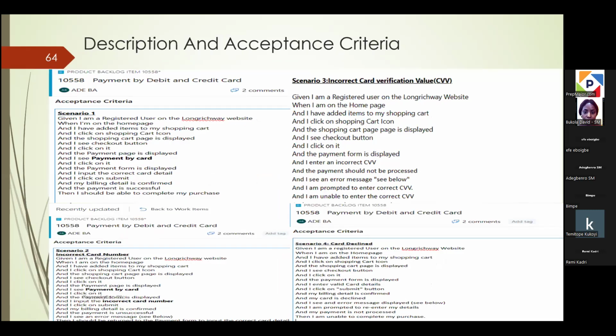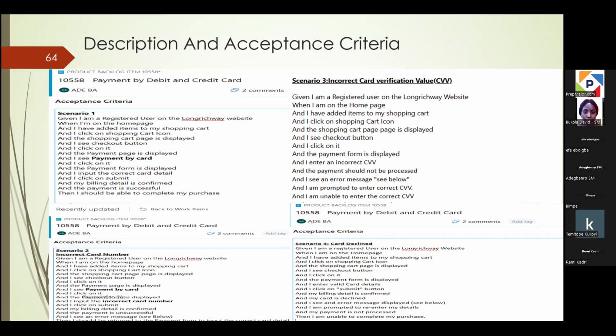These are some of the stories and acceptance criteria that were written by members of Team Agile BA, most especially on the payments functionality, because in this sprint 5, we wrote stories on payment functionalities using debit cards and PayPal.